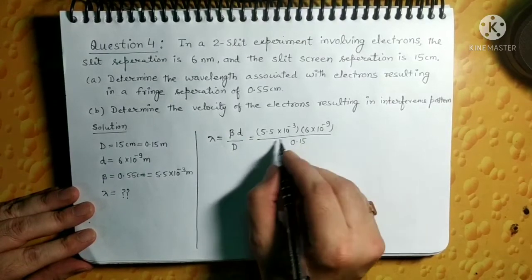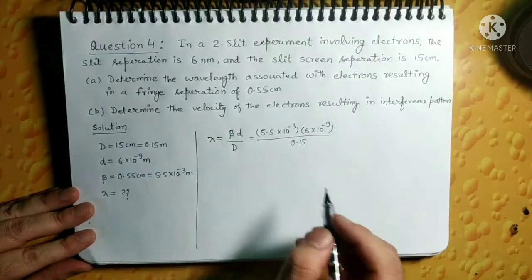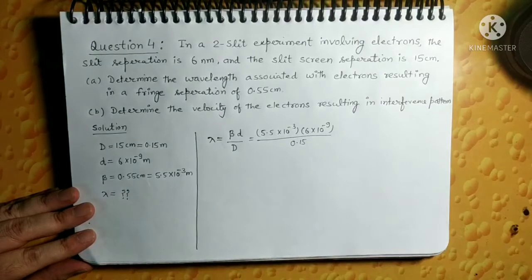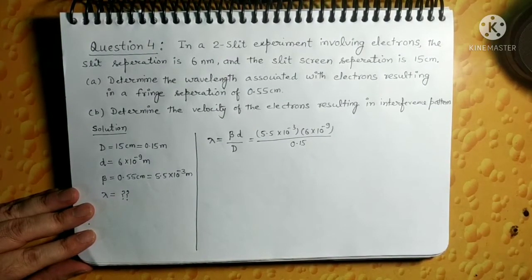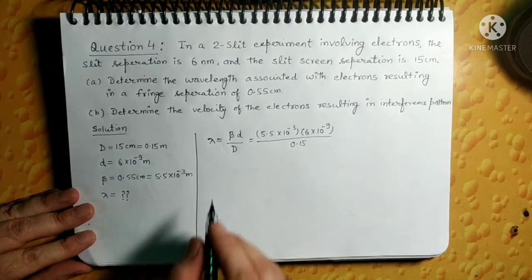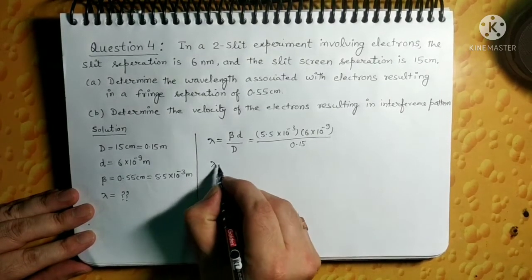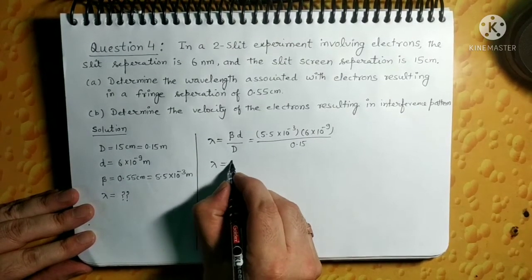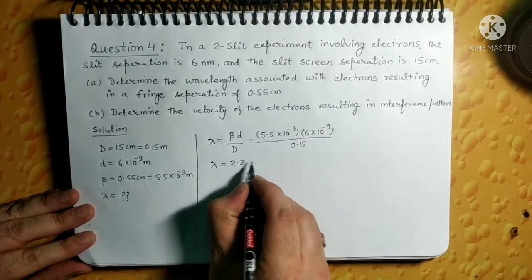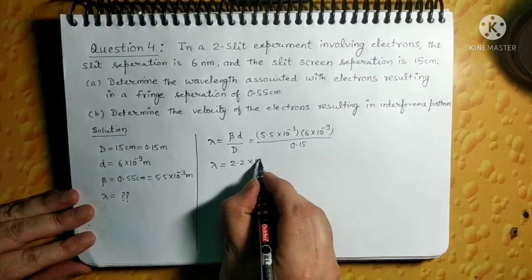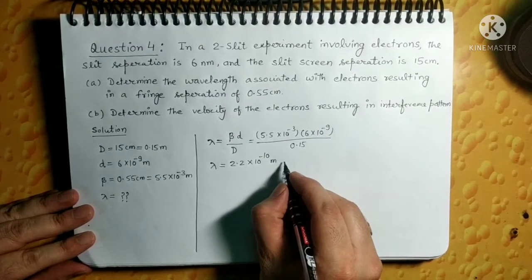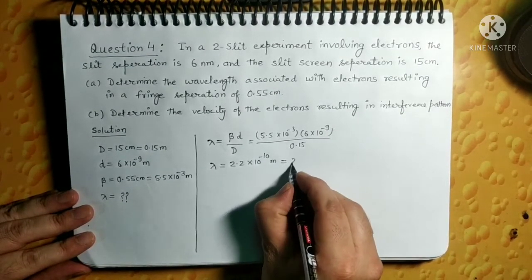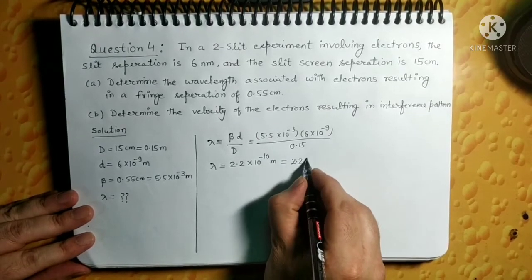So all these parameters we have converted into meter. So let us calculate. So lambda will come out 2.2 into 10 to power minus 10 meter, or we can say that it is 2.2 angstrom.